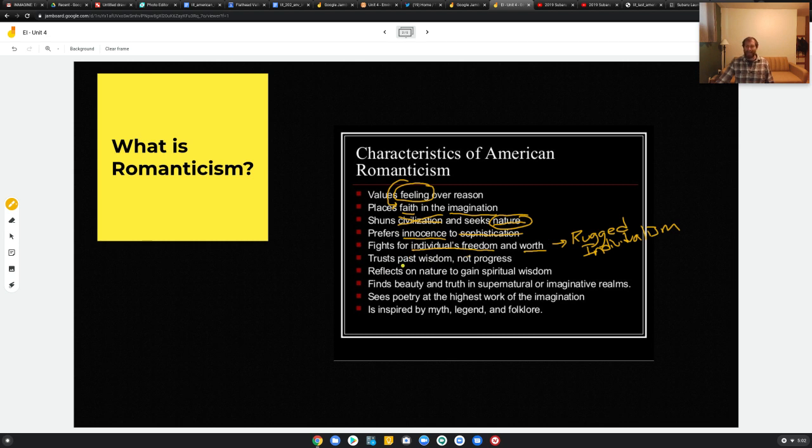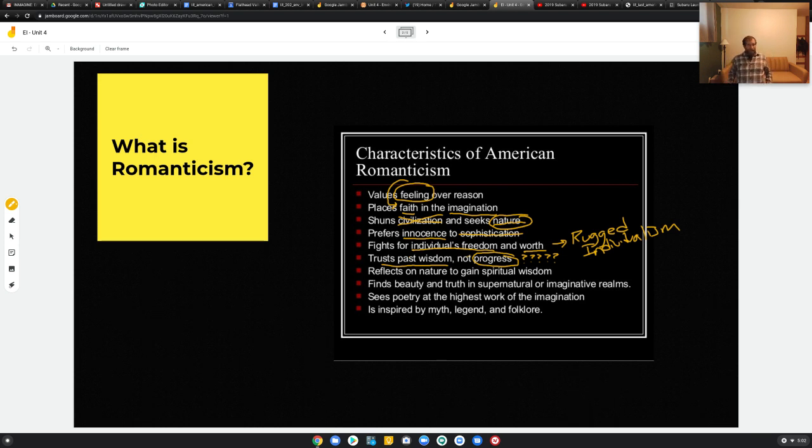All right. Past wisdom is trusted more than progress. Why? Because, well, as we know from up here, the civilization progress can be questionable. We all find ourselves, I think, saying that today in many cases. We get these new technological gadgets. They're supposed to dramatically improve our lives.